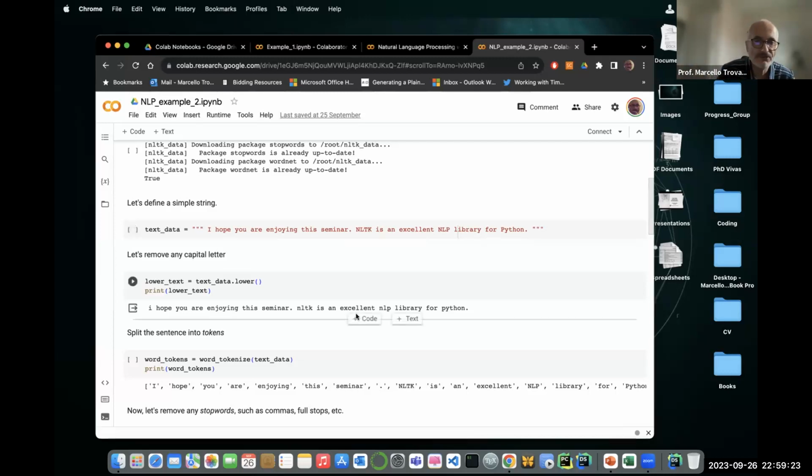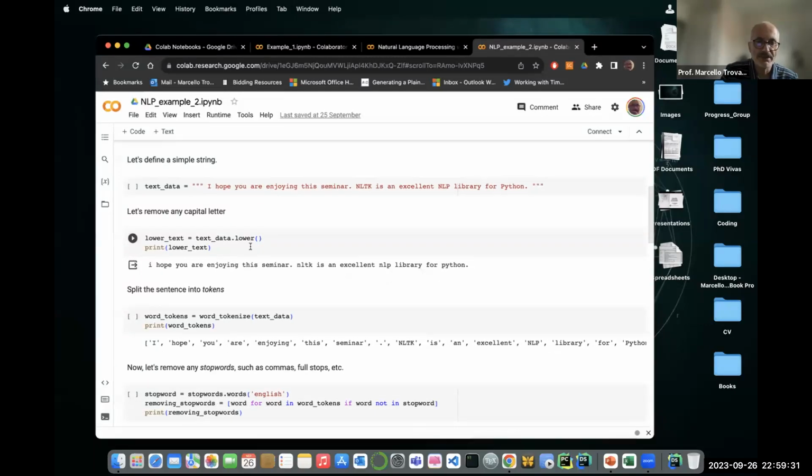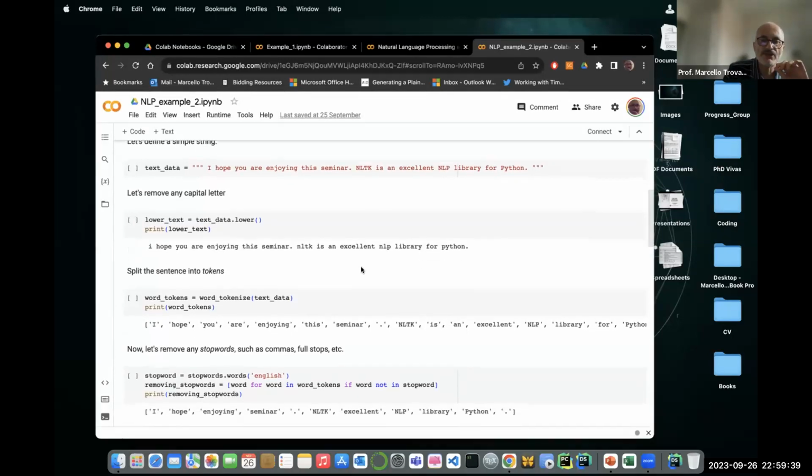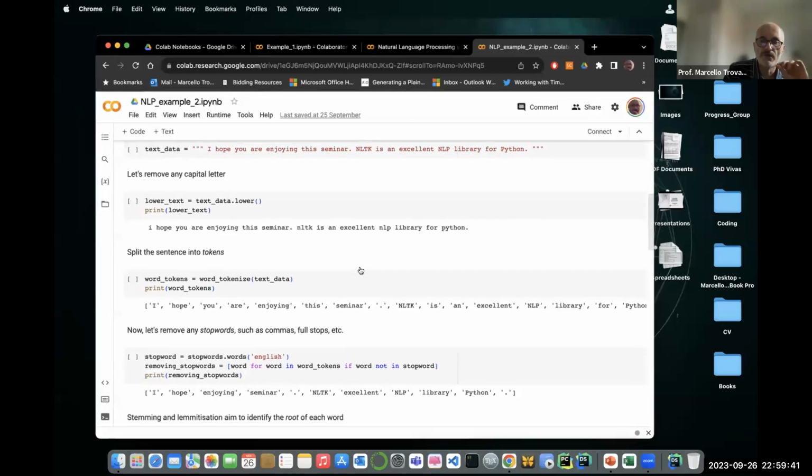So the first step is to remove all the capital letters. So we lower the text, and as you can see, the output is everything in small letters, and that is to make sure we normalize it. I've done this extra step, but in many cases it's not necessary. It's done automatically.